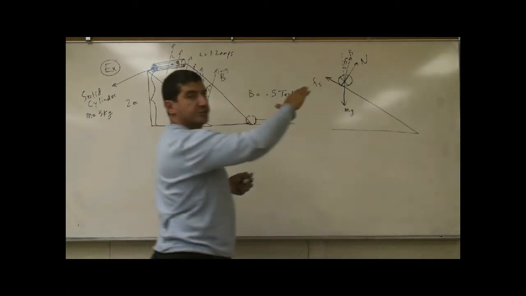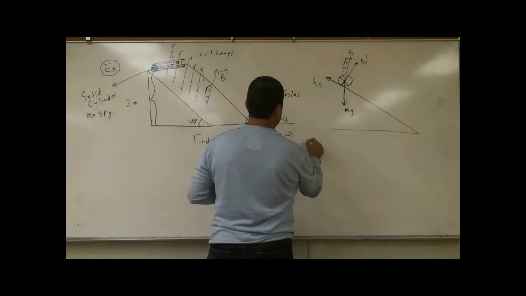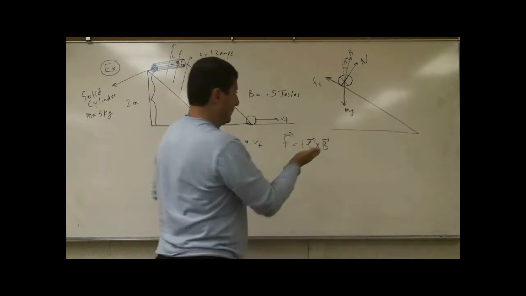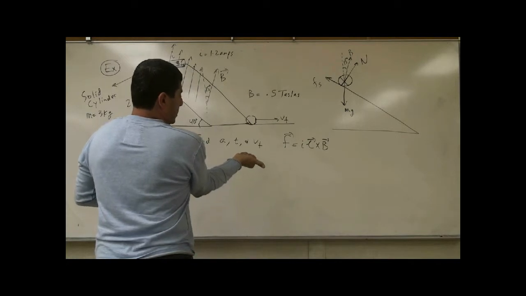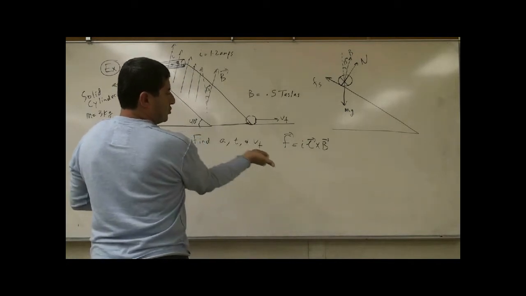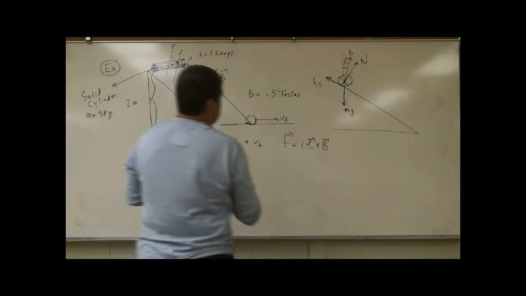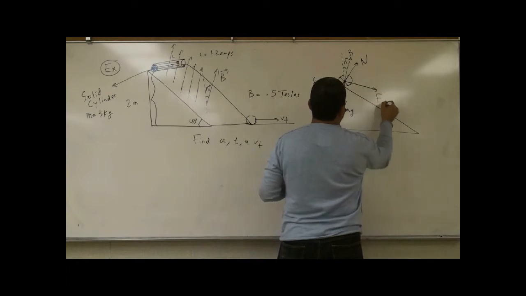So let's do the cross product. The force due to the magnetic field is IL crossed into B. So put your forefingers in the direction of the current and then curl them up towards the magnetic field, and your thumb gives you the direction of the force. Okay? I crossed into B. So it's going to be perpendicular this way, FB.